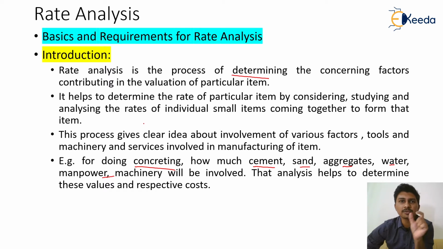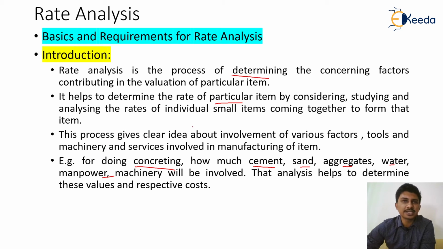As concrete is a part of small other quantities, I need to merge them together. So rate analysis is all about first of all segregating all that quantity, differentiating all that quantity into small ones, then again combining it together. So that is all the rate analysis is. It helps to determine the rate of a particular item by considering, studying, and analyzing the rates for the individual small items in it, as we have already discussed.